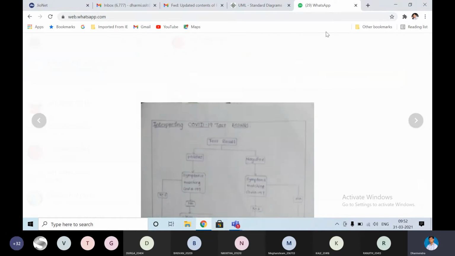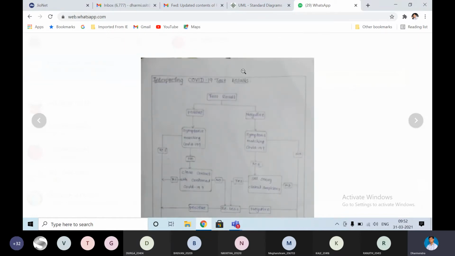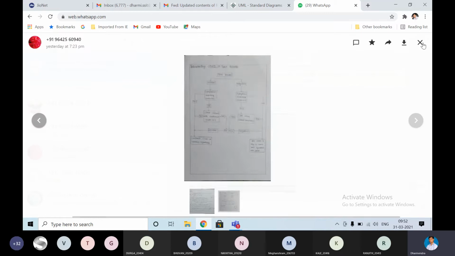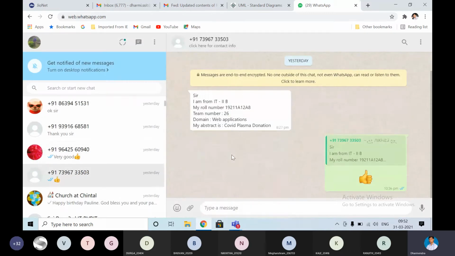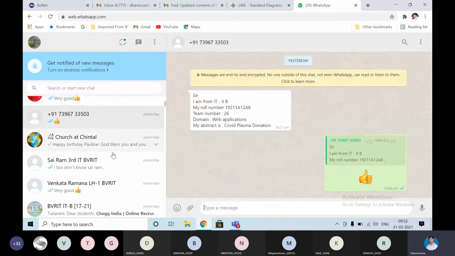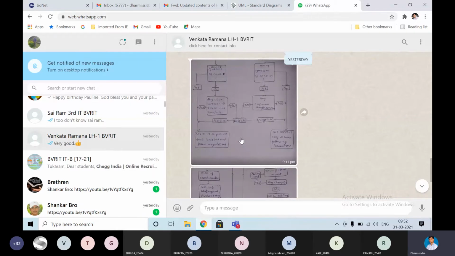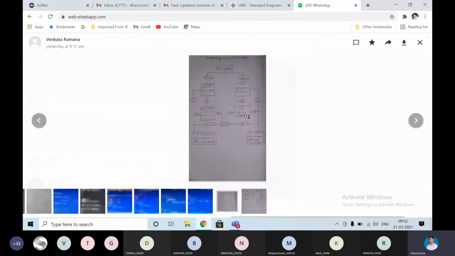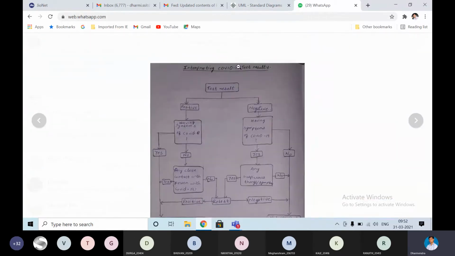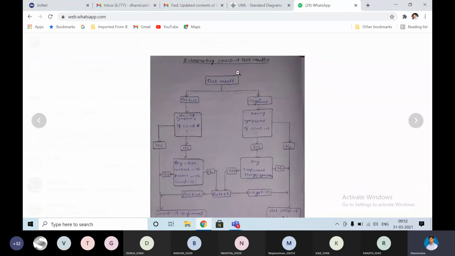Very good. Then Venkata Ramana, I think so. One of your seniors, they are doing a project. Venkata Ramana, he also wrote well, interpreting COVID-19 test results.